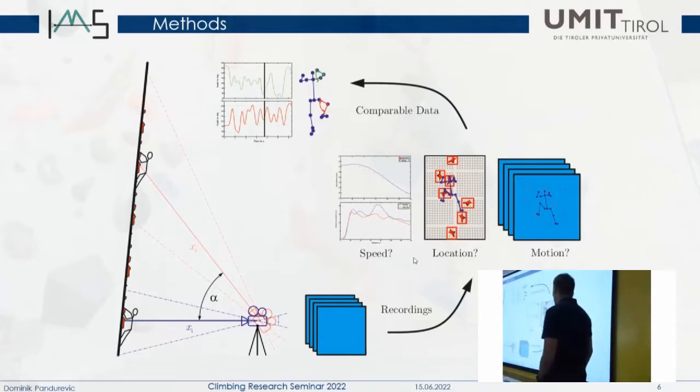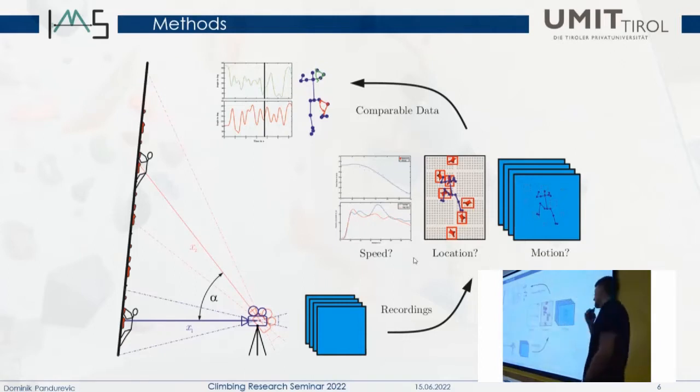What we do then, we take the recording, take the single frames, and we try to transform the one recording, which has these specific parameters, into a common coordinate system.